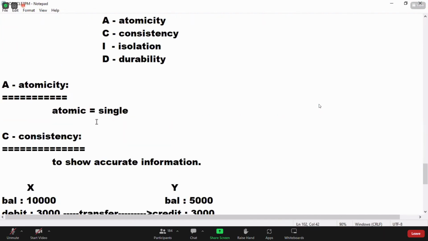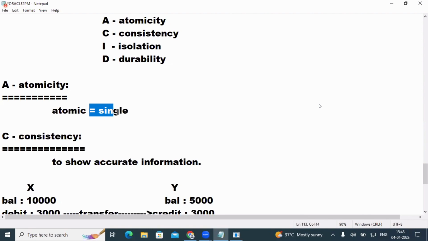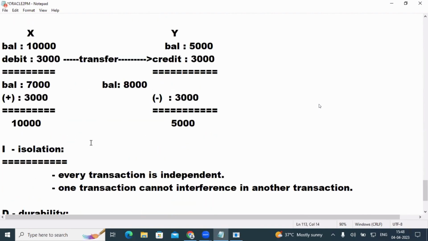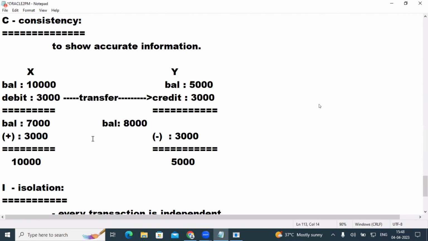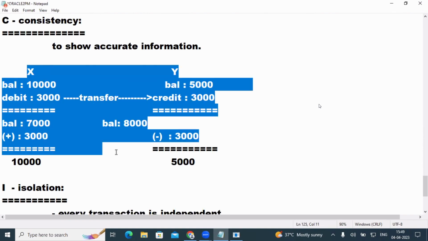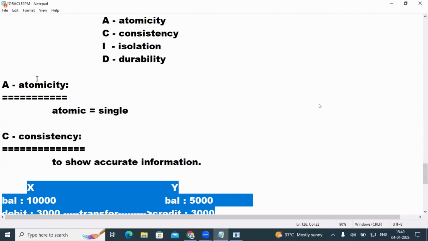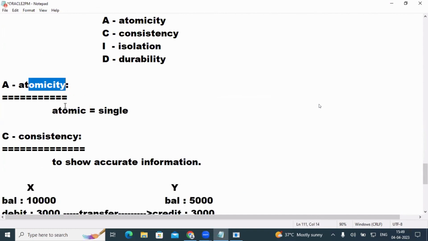Atomicity means what? All together will make one transaction. Consistency means what? Showing accurate information. This is the best example to understand. If anybody asks you in an interview panel also, you can give this example. Which example? The ATM machine example.